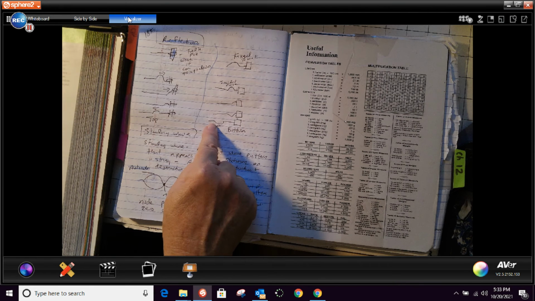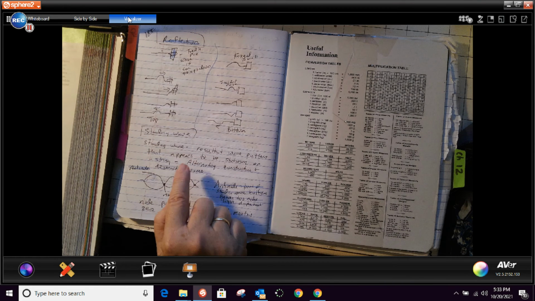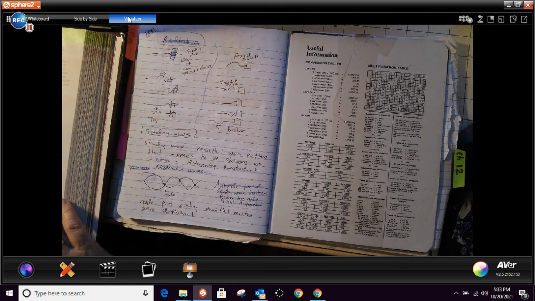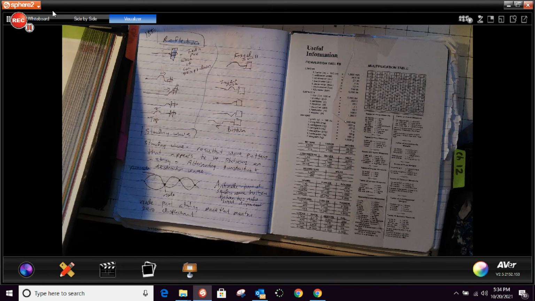The last thing you would need to know about this section is what's called a standing wave. We have an oscillator at our school, and if you turned it on, you would be able to create waves.